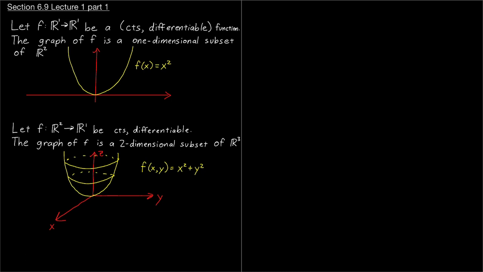Now let's talk about something a little bit stranger. It's not stranger in an abstract sense, but it's stranger in that you probably have not drawn it before. You have not seen things like this. So let's let f be a function now whose domain is R1 and whose range is R2. So it's from one dimension to two dimensions, not the other way around.